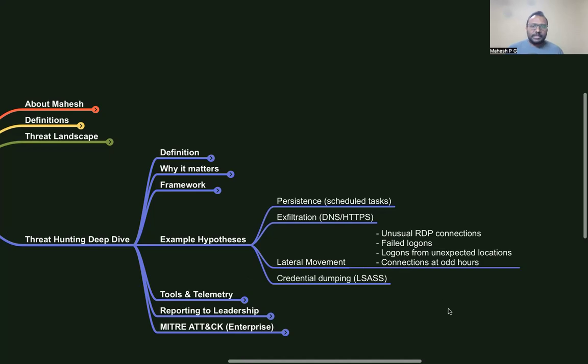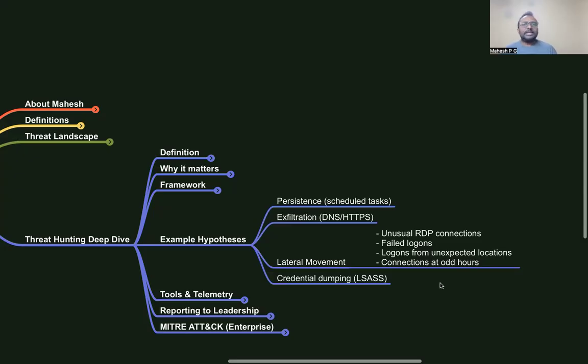Then another example is lateral movement. When you are doing threat hunting, what are the things you normally observe? Any unusual RDP connections, then abnormal behavior: a user normally logs in from 10 o'clock or 8 o'clock in the morning till 7 o'clock in the evening, and suddenly we see access happening at 11:30 at night, 2 a.m., 3 a.m. Then connections at odd hours, and logons from unexpected locations. From the IP we can identify very unexpected locations where the user is logging in, and he logs in from one IP and another time from another IP within a very short span of time.